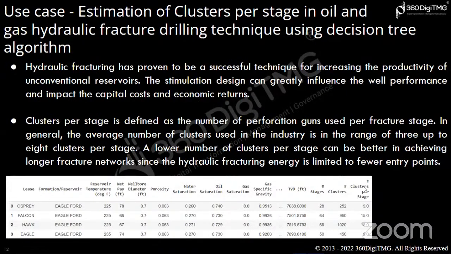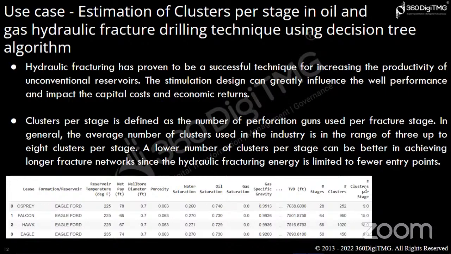Clusters per stage is defined as the number of perforation guns used per fracture stage. Perforation is part of the drilling process. We use perforation guns, and based on that, we do the drilling process.